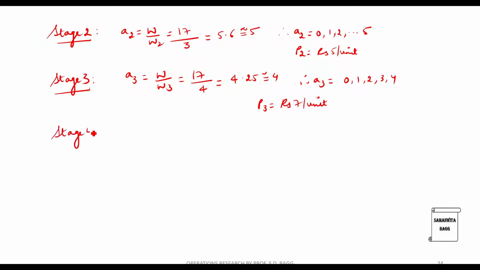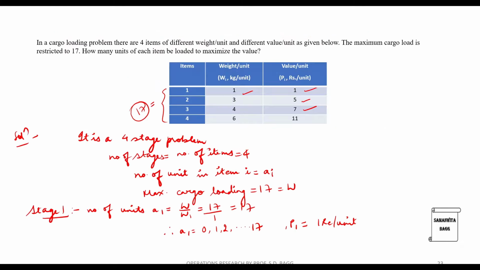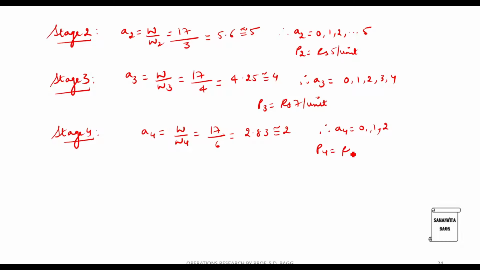And in stage 4, I'll calculate A4, W upon W4. So it is 17 upon 6. So this becomes 2.83, which is approximately equal to 2. Therefore, A4 is 0, 1, 2, and the value of P4 is rupees 11 per unit.